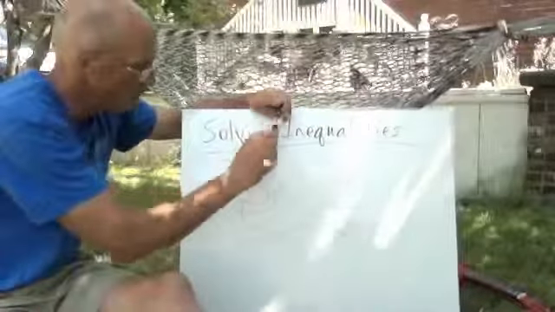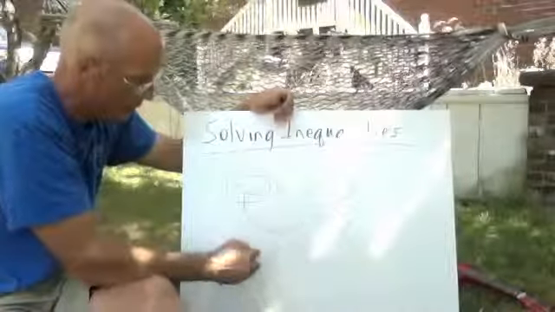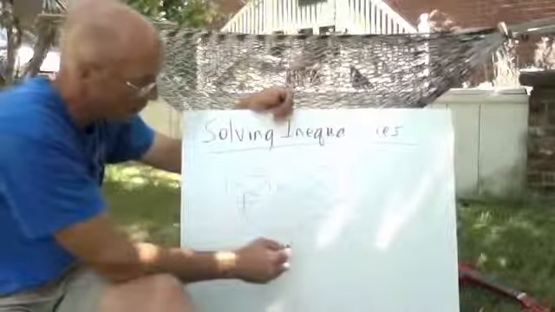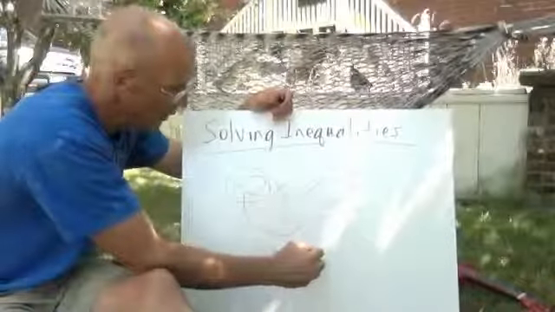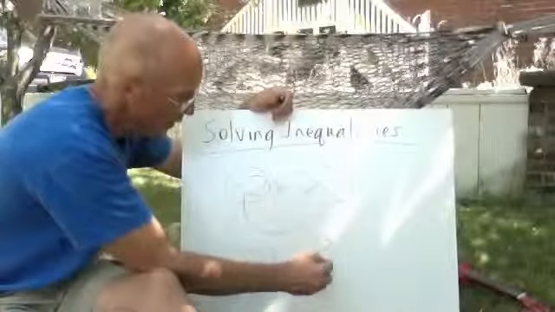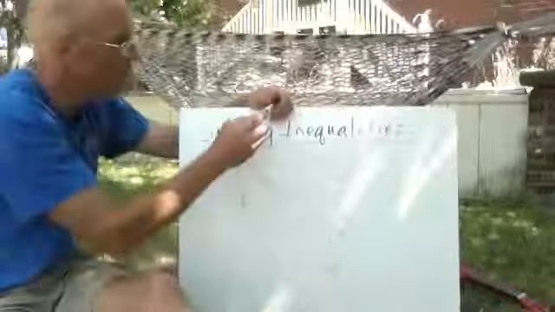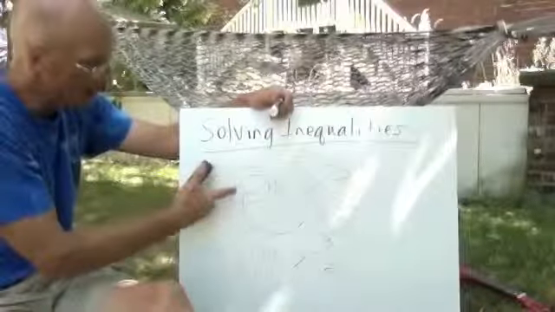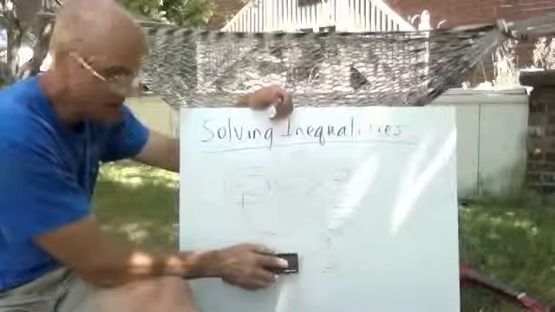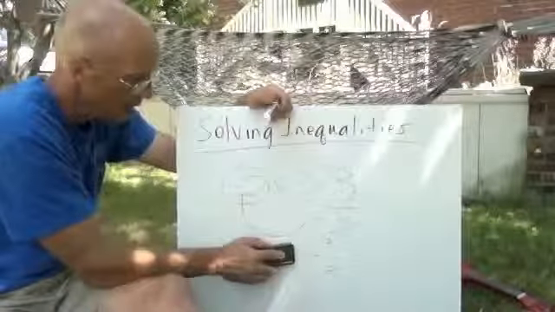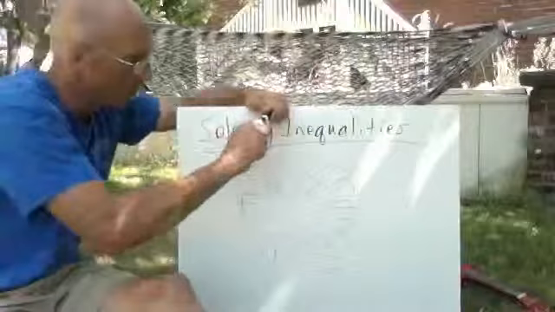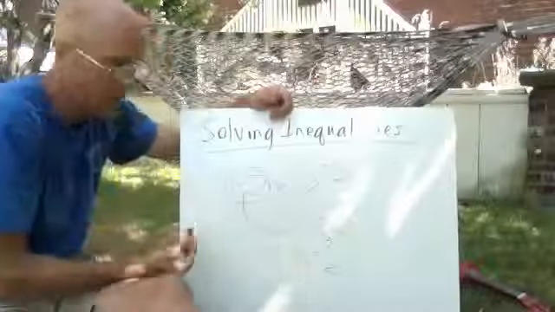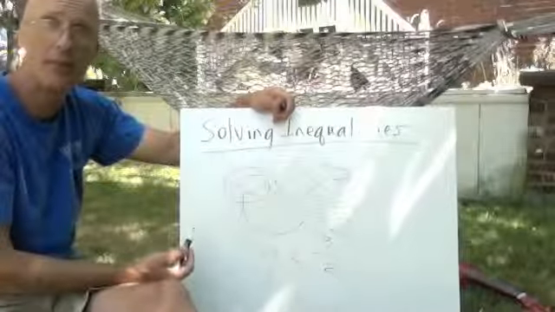The way you'd think about it would be x is greater than negative 3 halves. But because we're doing it by a negative number, this sign needs to be flipped. And so now instead of x is greater than, it's going to be x is less than negative 3 halves.